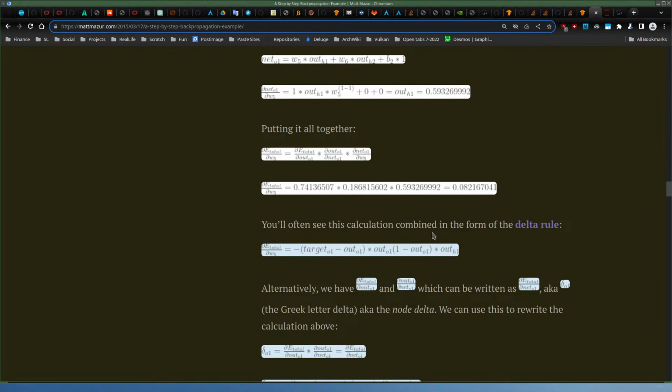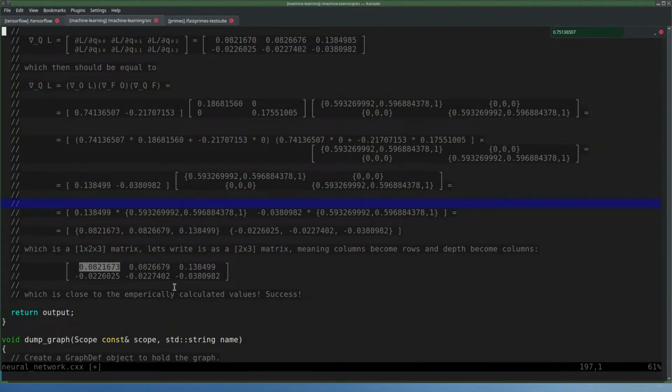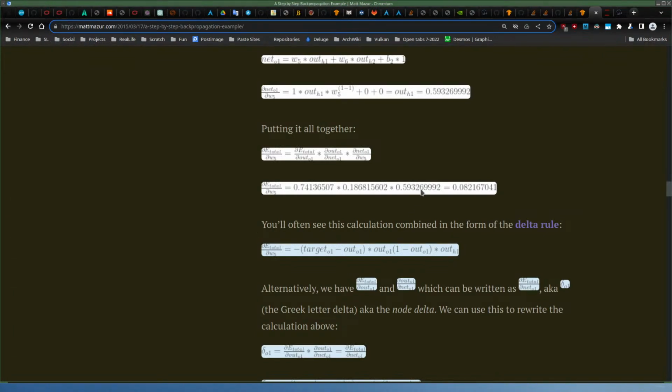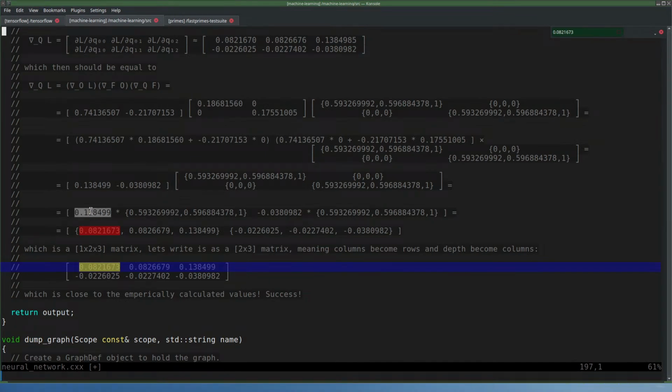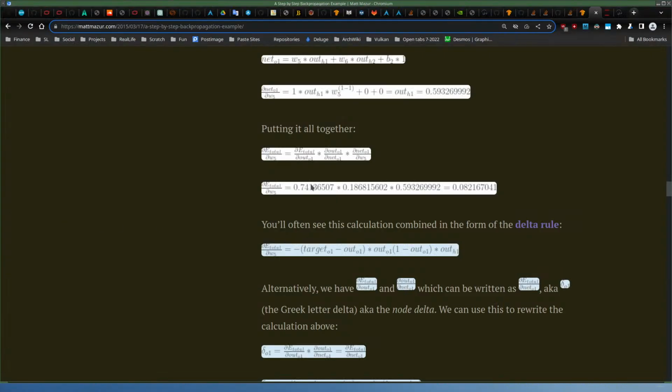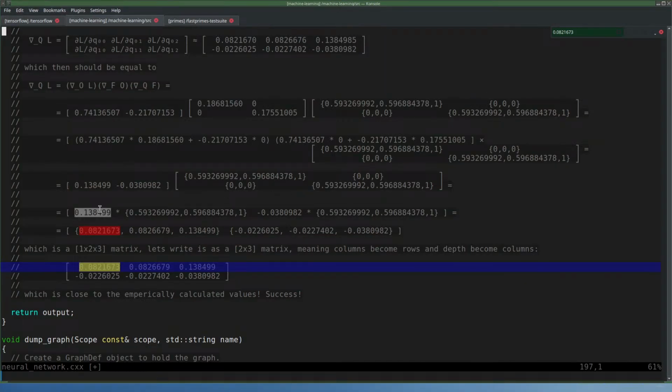Should be able to, I guess. So there is a multiplication here. This number comes from that number times that number. And that number is here, 0.59326, 3 9s and a 2, times that number. So these two combined should be this number.